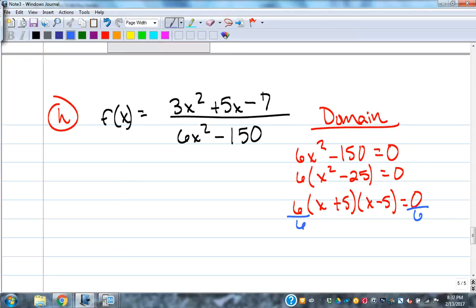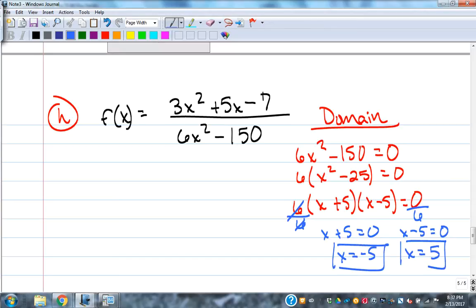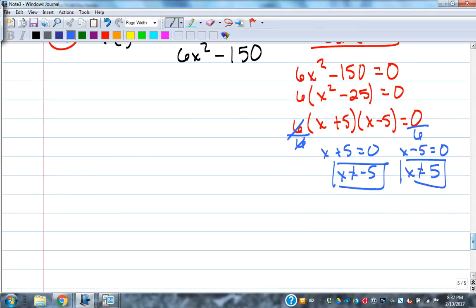Technically, by division, it really cancels out. So we get x plus 5 equals 0, x minus 5 equals 0. So we get x equals negative 5, x equals positive 5. Those are the things that x cannot be. So our domain is all x's such that x does not equal plus or minus 5.